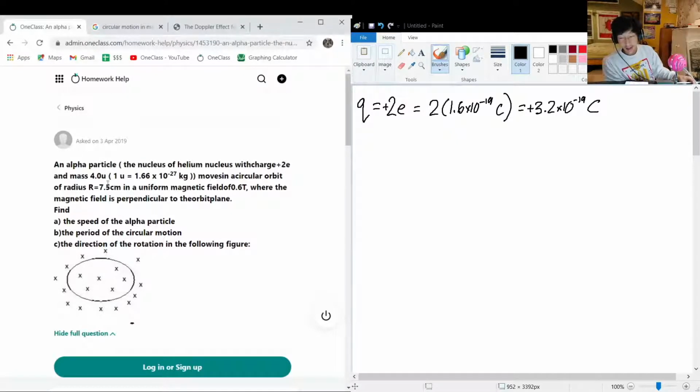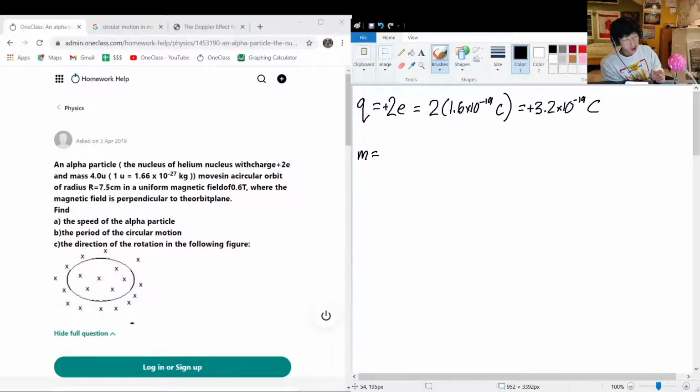Okay, so its mass is going to be 4. The atomic mass of an alpha particle is 4, and because it has 2 protons and 2 neutrons, our mass is just going to be 4 times the mass of a proton, because protons and neutrons are pretty much the same mass.